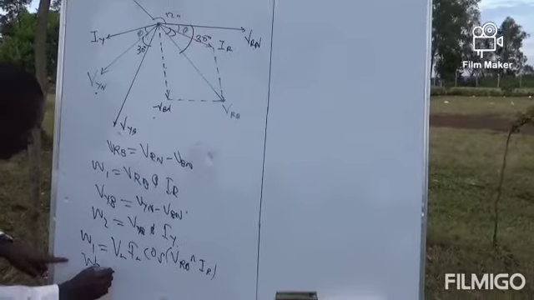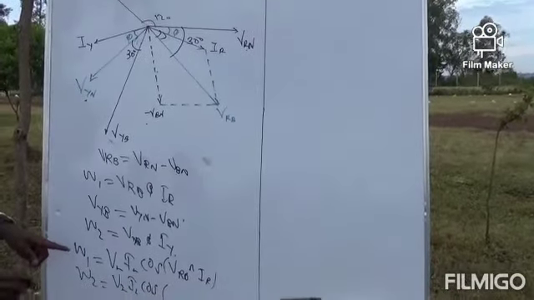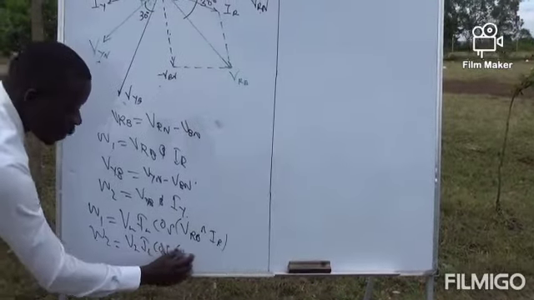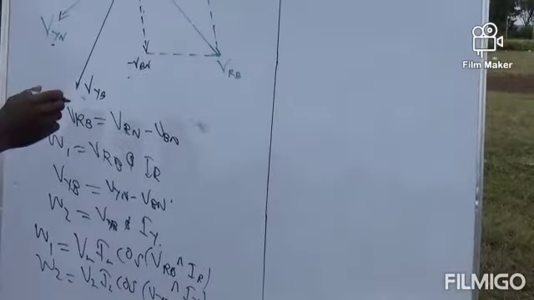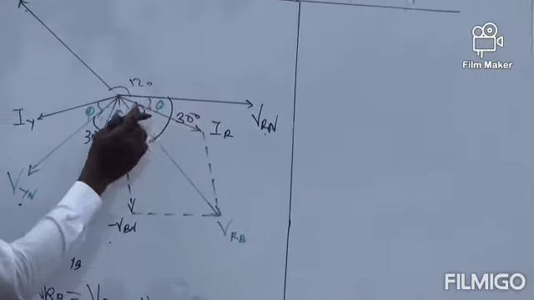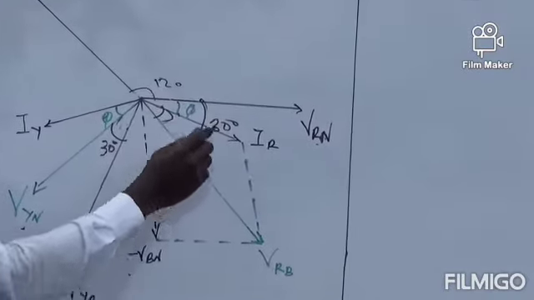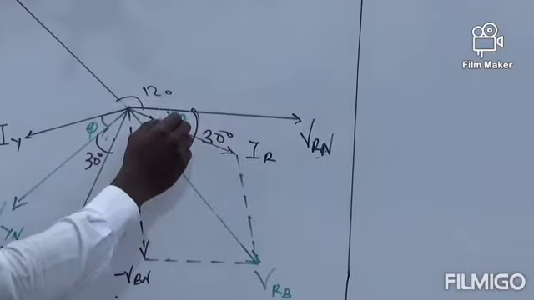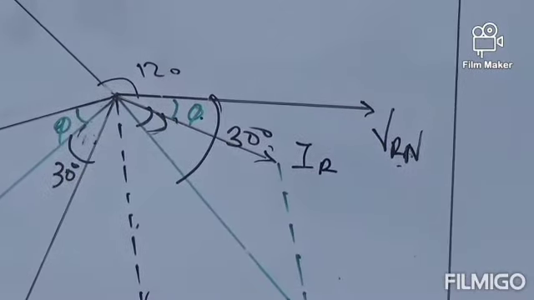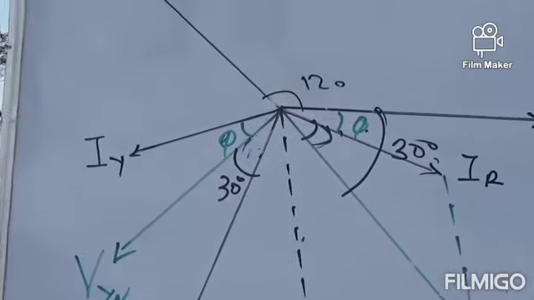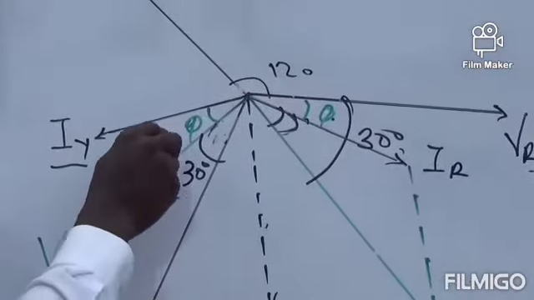Wattmeter 2 is equal to VL IL cos of the angle between VYB and IY. If you look at wattmeter 1, this angle here is our area of interest. Remember, the whole angle between this and this is 30 degrees, and this is phi, so this angle will be 30 minus phi. For the angle between VYB and IY, it will be 30 plus phi.